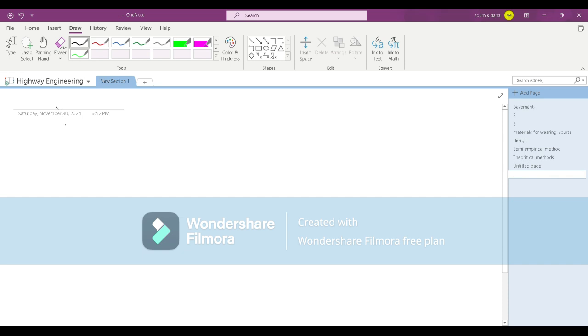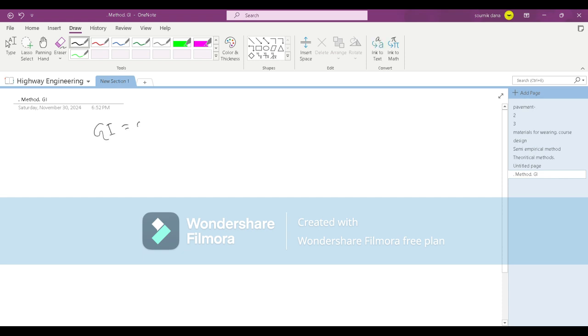Now let us describe the group index method. So we know the group index formula.